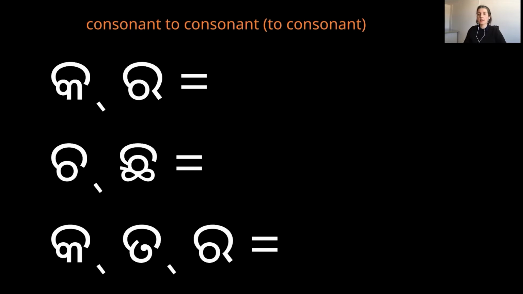The Ra is a special letter in general within Indic scripts. When it's following a consonant, it does create a conjunct, but those conjuncts are a little bit apart. They're a little bit special and they obey their own logic. So here for the Odia script, the Ra is this underline.